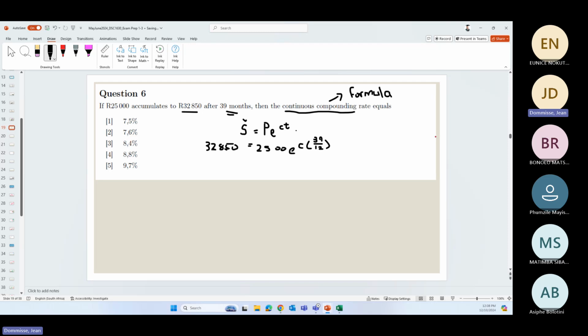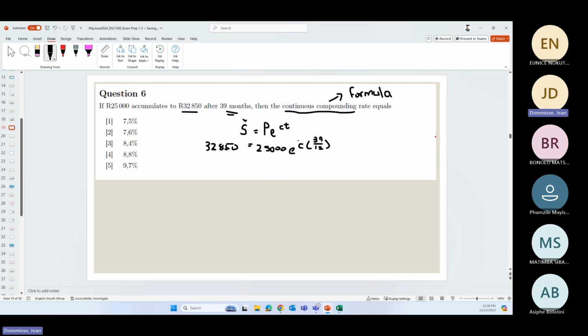So 39 divided by 12 will give us the time period in years. That is very important.